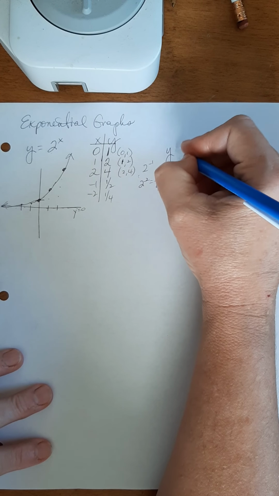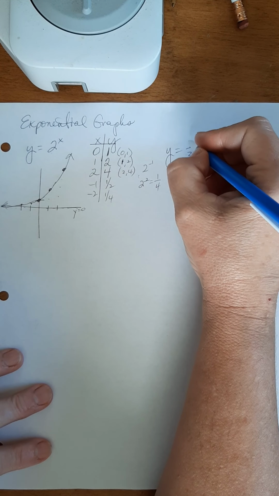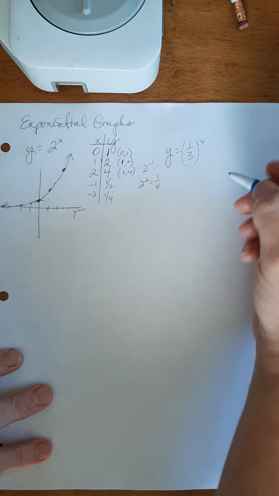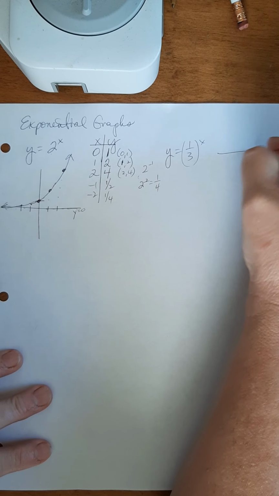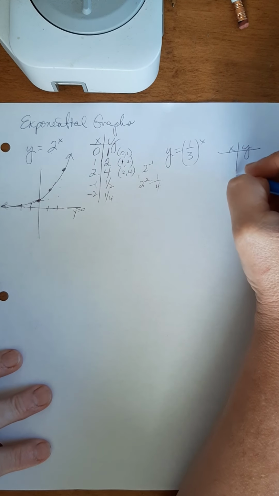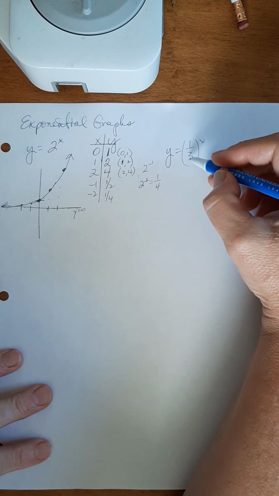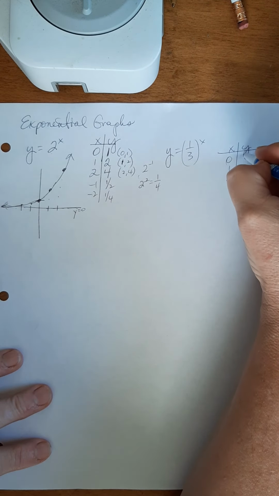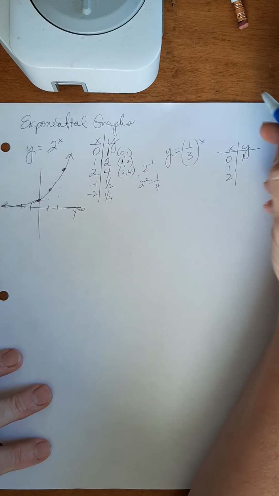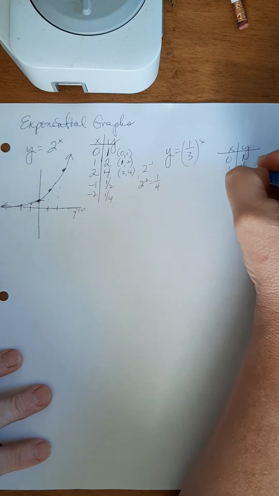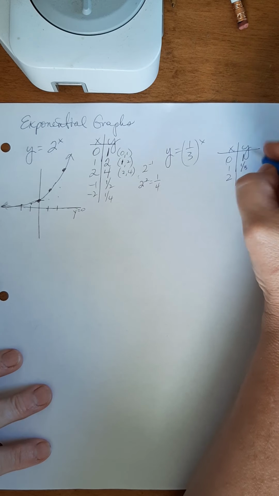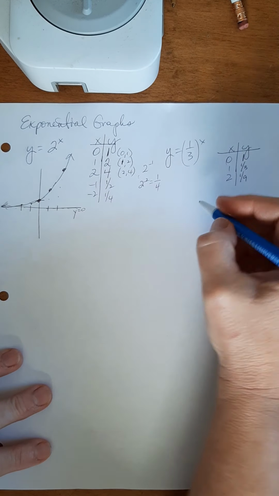Let's do another one. Let's say 1/3 to the x power. Same thing. You could do 0, 1, 2. Anything to the 0 power, 1. To the first power, 1/3. The second power, 1/9.